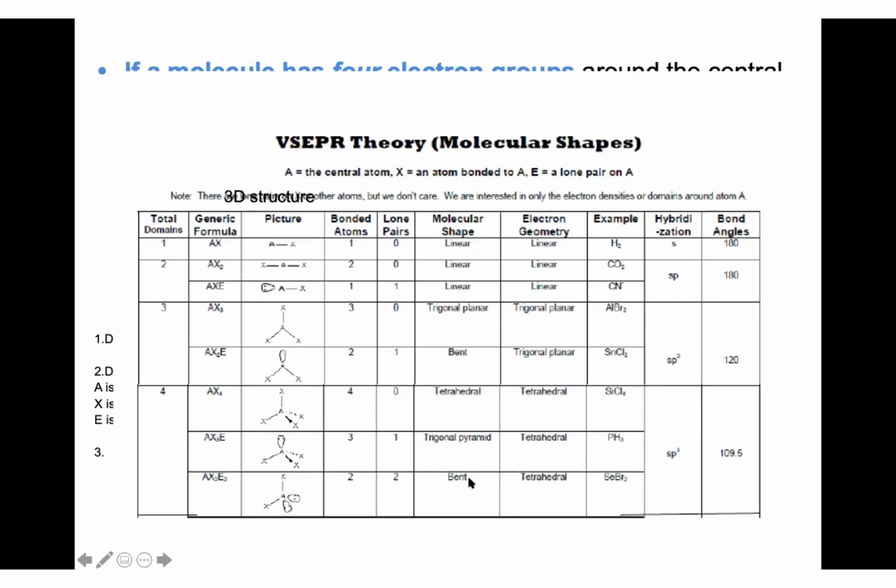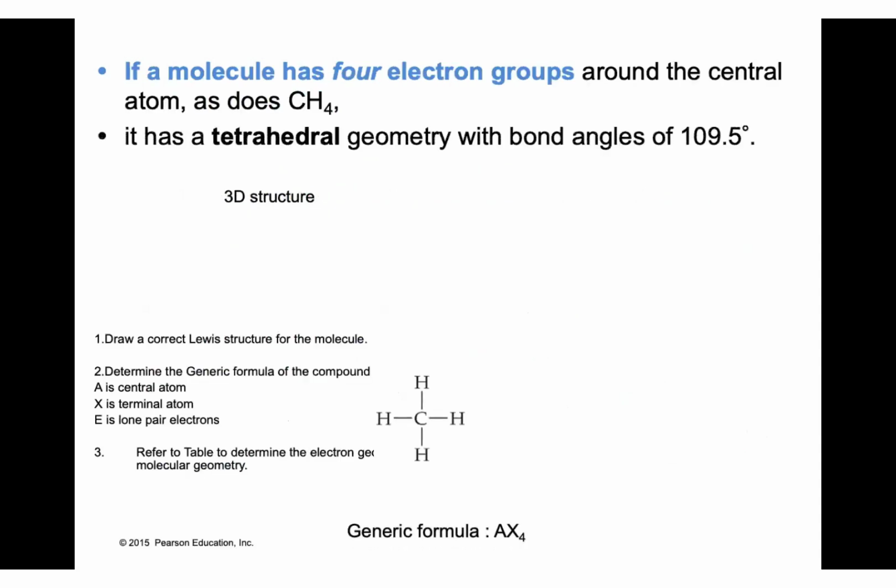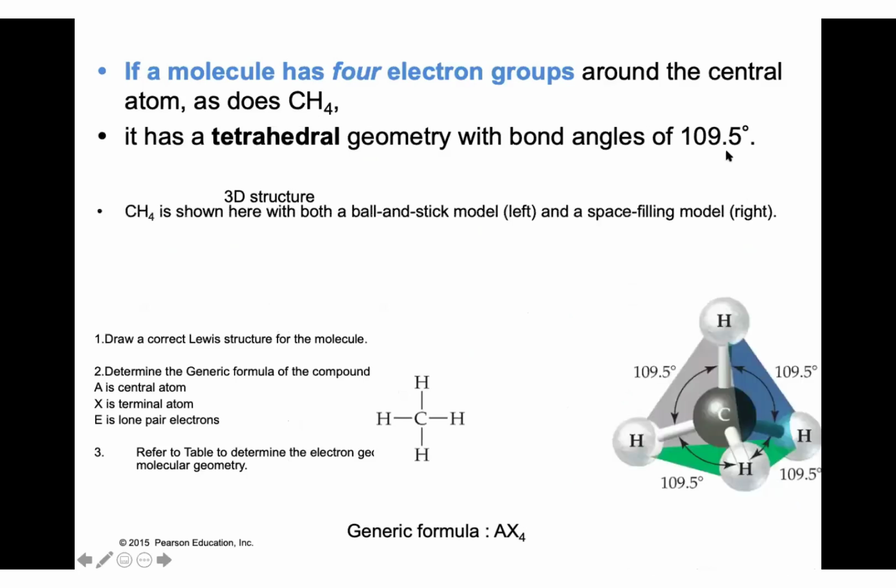I will provide this table for the exam for now, so you do not need to memorize this table. Thank God, right? Okay, so here we found that it has the molecular and electron geometry of tetrahedral. The bond angle is 109.5.